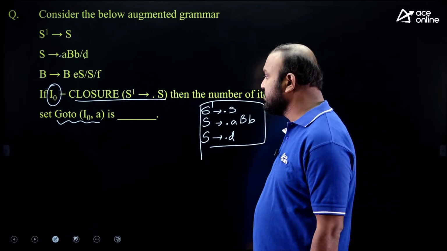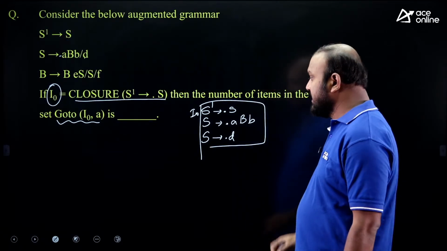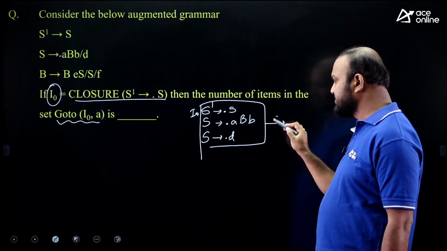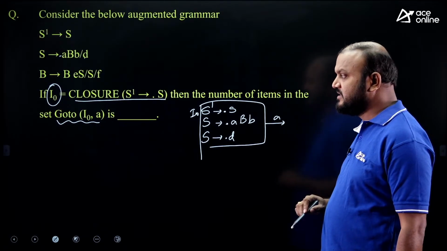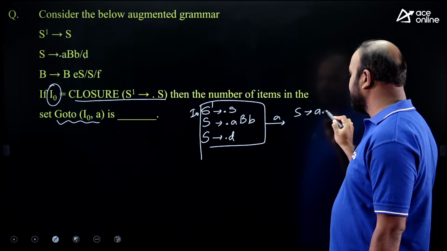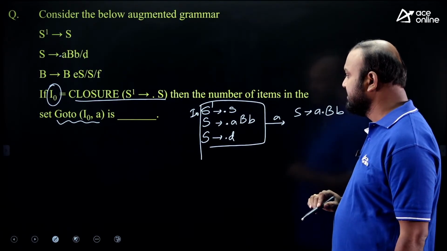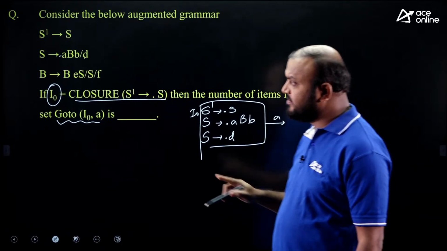But the question is goto of I0 comma A, meaning if you move the dot one position to the right with respect to A, how many items are possible in the state? If you move the dot one position to the right, A dot B, because dot capital B is there, we have to write capital B productions.